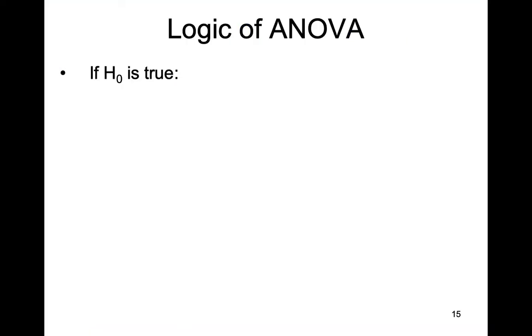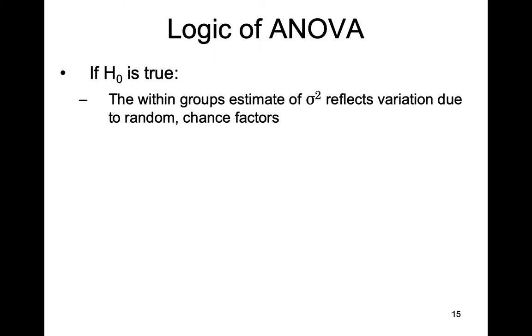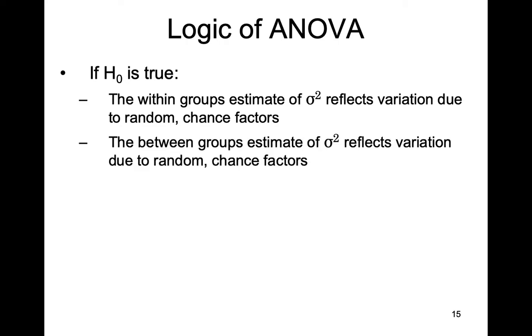Okay, so continuing this logic, if the null hypothesis is true, the within groups estimate of population variance reflects variation due to random chance factors. And the between groups estimate of population variance also reflects variation due to random or chance factors.